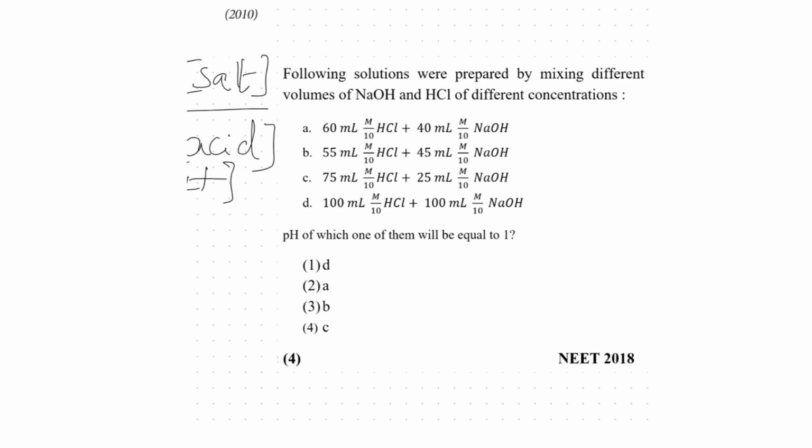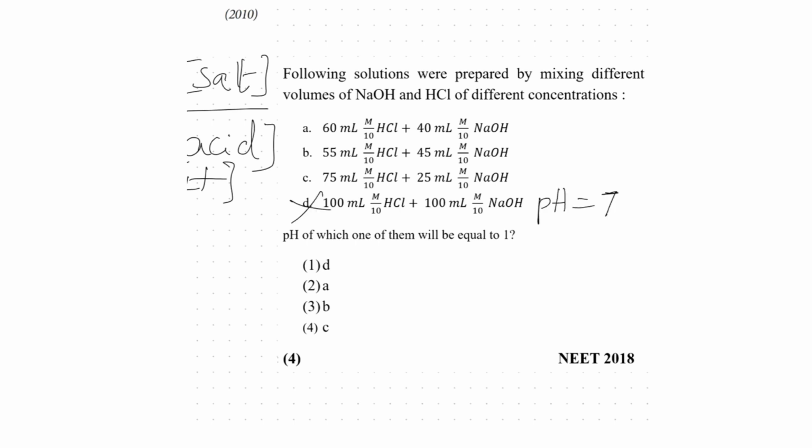Look at option D, equal volume, 100 ml, 100 ml. Concentrations are also equal. So what will happen? HCl, NaOH will neutralize and you will get a neutral solution, pH equal to 7. So this option is ruled out. You need not do the calculation for this. Look at the remaining 3 options.